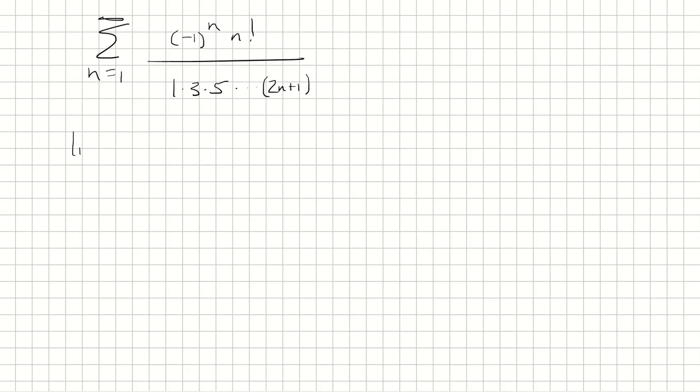So let's take the limit as n approaches infinity. We're looking at the absolute value of the n plus first term, so plug in n plus 1 in for n, and then we're going to divide this by the nth term.